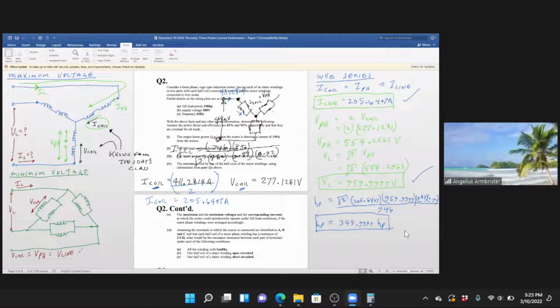Therefore, this is equal to 277.1281 volts. So that would be the line voltage there. That would be V line. That's the minimum voltage right there.